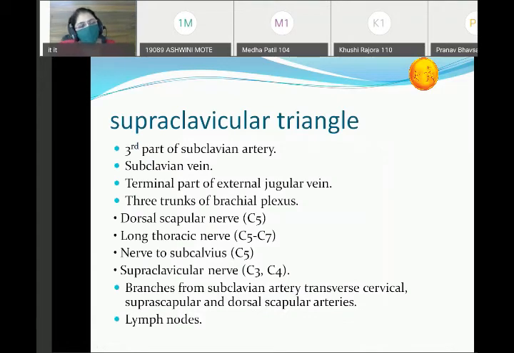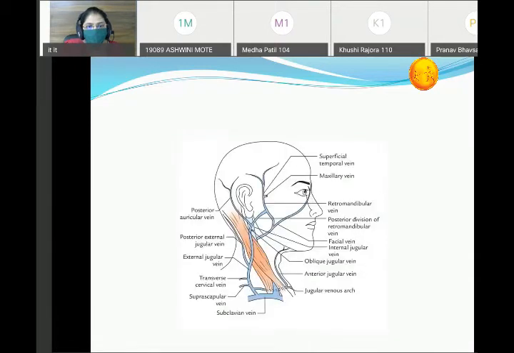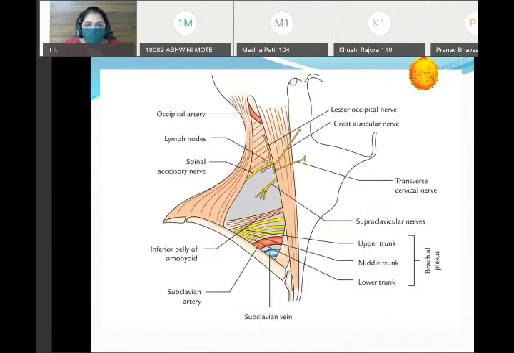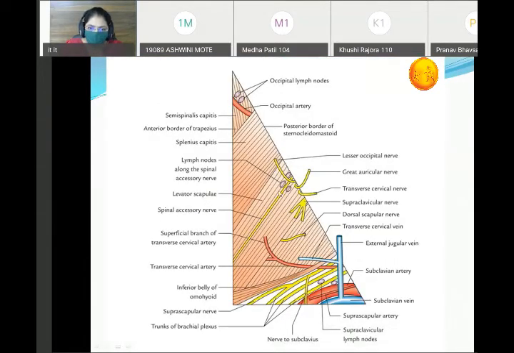The second triangle we have seen. We revise all this content once again. The spinal root of the accessory nerve is one of the main contents which runs over the levator scapulae muscle. If you find this nerve which is running over the posterior triangle, you have to see over this nerve the levator scapulae.